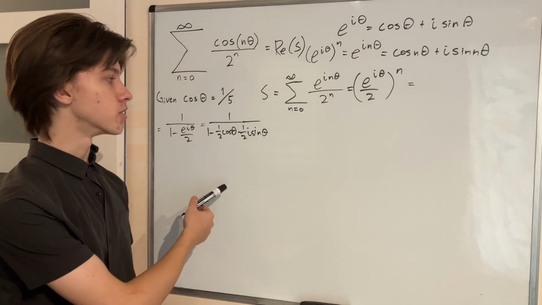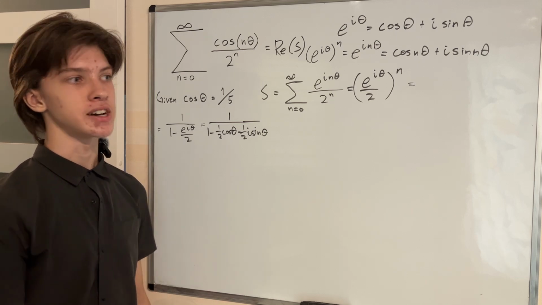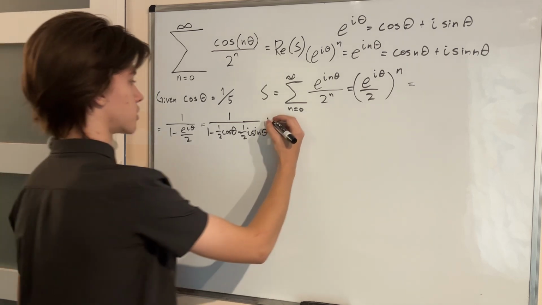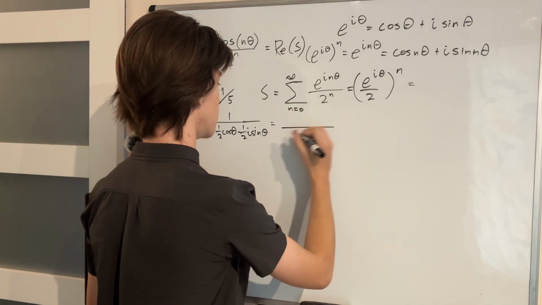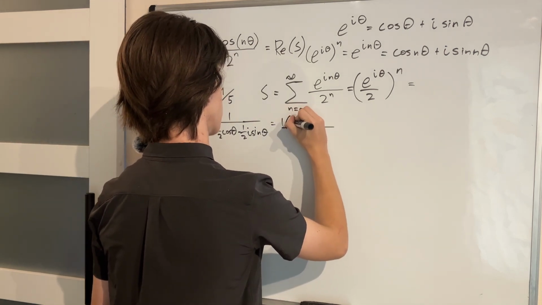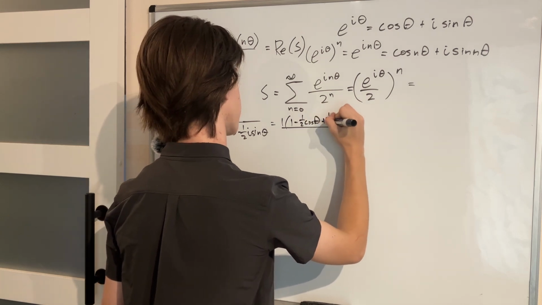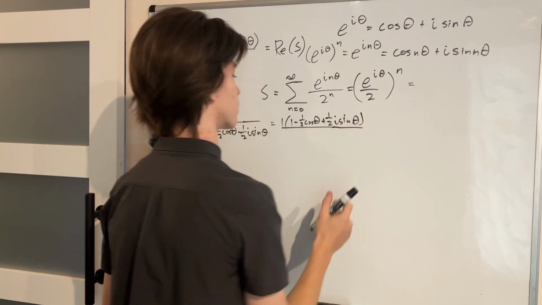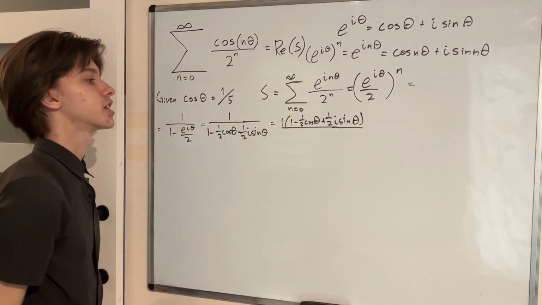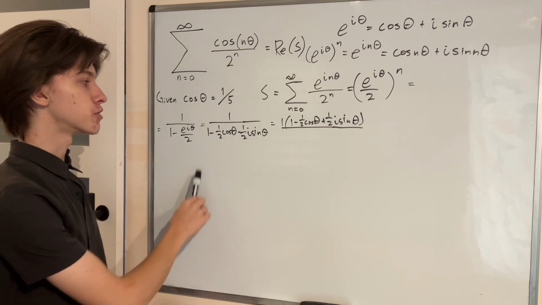And so let's clean this up a bit to remove this i in the denominator. We can do that by multiplying this whole thing by its conjugate, multiplying both the numerator and the denominator by it. So the conjugate of this will be 1 minus 1/2 the cosine of theta plus the half i sine of theta. It's the same thing, just with a switched sign on the imaginary component. And the reason for doing this now is because we have a difference of squares.